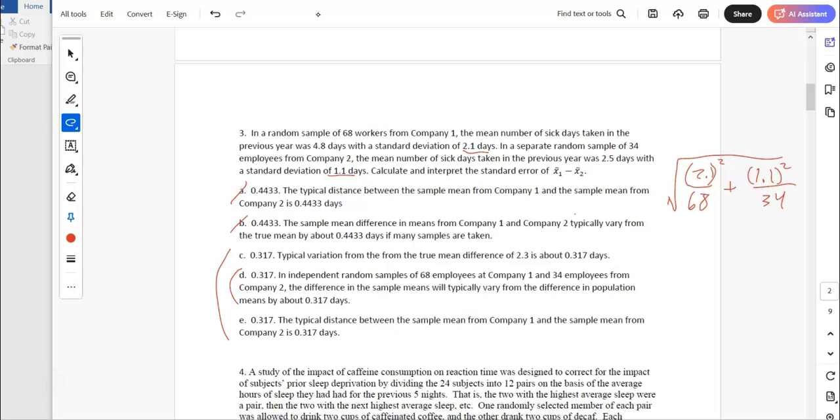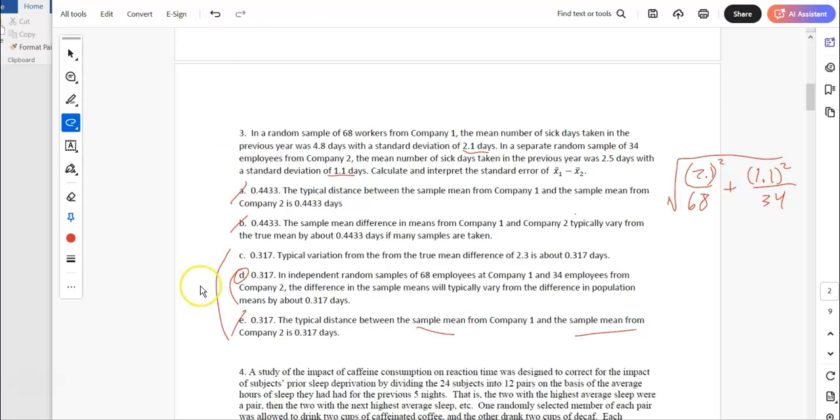I'm leaning towards D here. The typical distance between the sample mean from Company 1 and the sample, well, that's definitely not going from sample mean to sample mean. That's just silliness. We don't know what the true mean is, but it's the typical distance away from the true mean for the samples would be, sorry, I think it's D. It is D, I'm pretty sure.